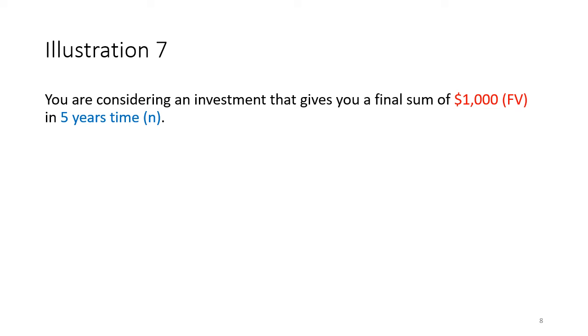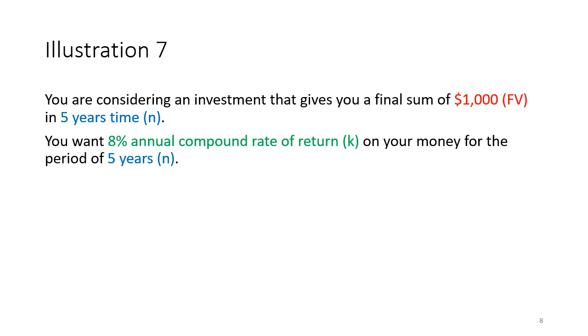Illustration 7. You are considering an investment that gives you a final sum of $1,000 in 5 years' time. You want an 8% annual compounding rate of return on your money for the period of 5 years.